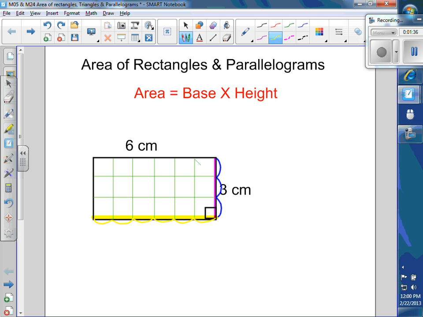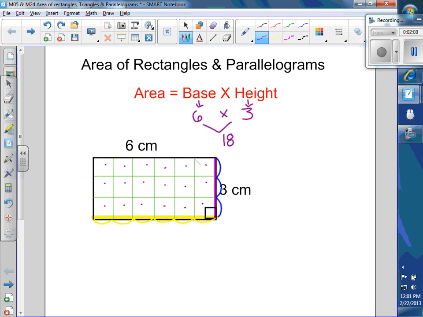So when we multiply the base times the height, the base is 6 units, and in this case the units are centimeters. The height is 3 units. When we multiply those numbers, we get 18. And if you count the squares inside, that's 3, 4, 5, 6, 7, 8, 9, 10, 11, 12, 13, 14, 15, 16, 17, 18.